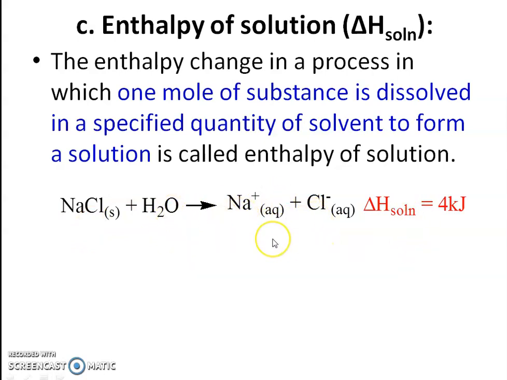During formation of this solution, for 1 mole of sodium chloride, whatever enthalpy change occurs is the enthalpy of solution. For sodium chloride, this enthalpy of solution is 4 kilojoule. Most of the time enthalpy of solution is positive, but not necessarily always; sometimes it is negative also.